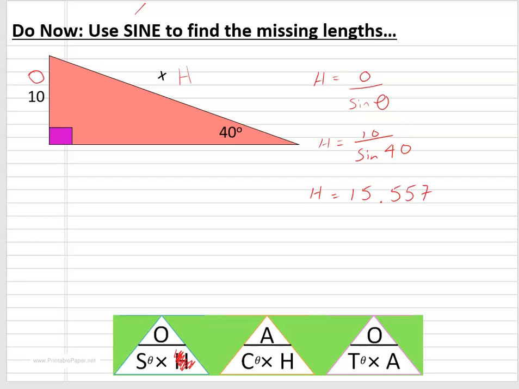I'll write it as x. I'm going to round that to 2 decimal places, so that gives me 15.56 to 2 decimal places. Press pause while you mark and correct your work.